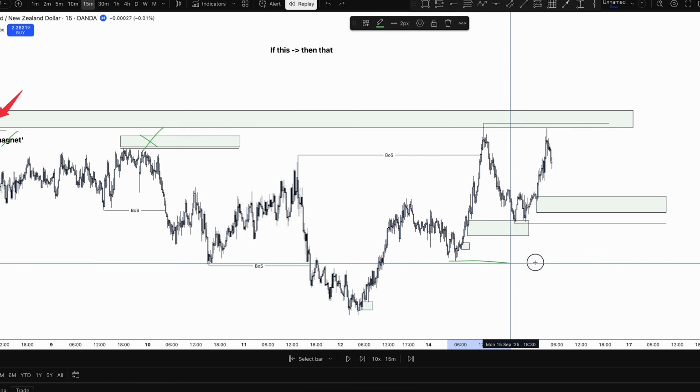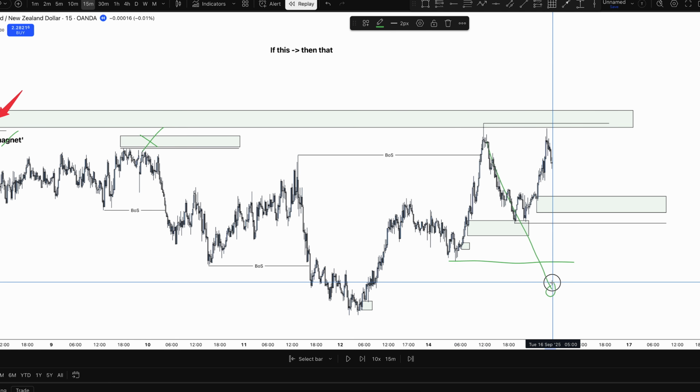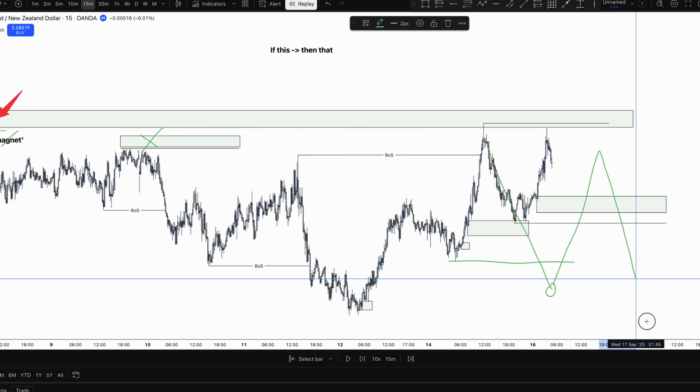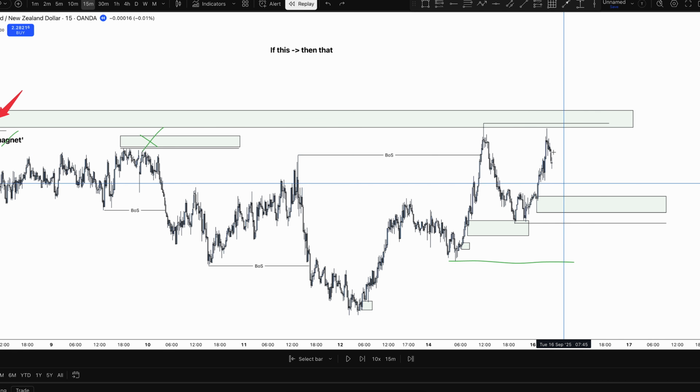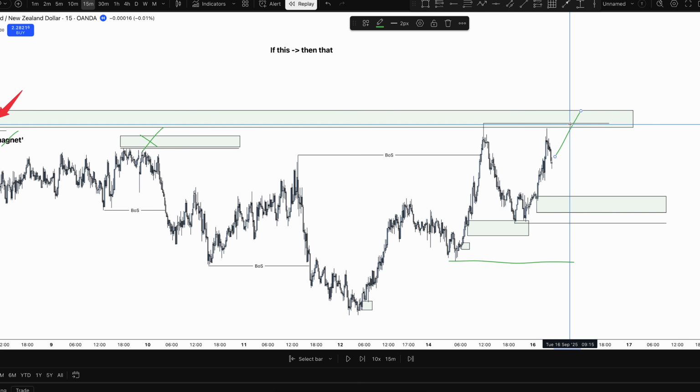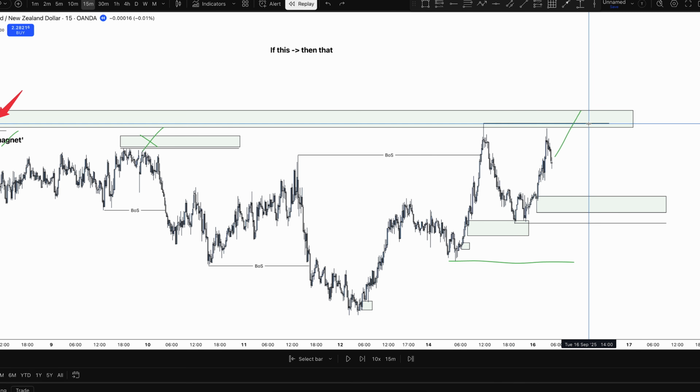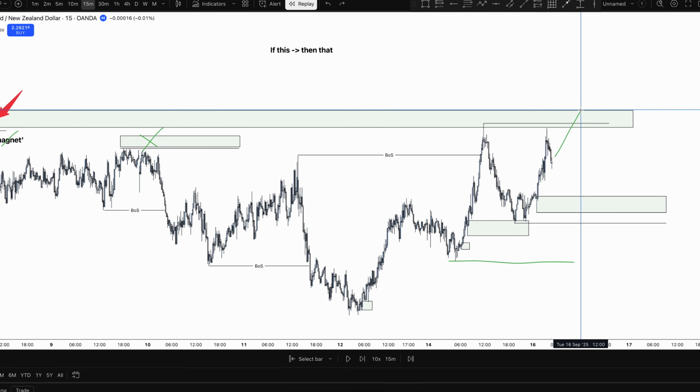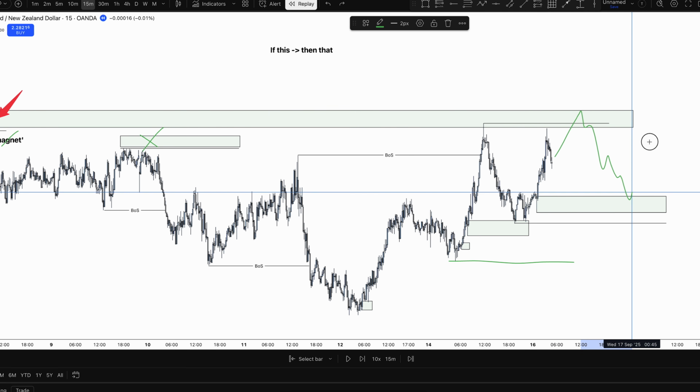We said if this low breaks, then that would create validation of downside, then I would sell, right? But if this high breaks, then that would create a new leg of price action. It would create a supply fail or supply weakness, and then we can buy.